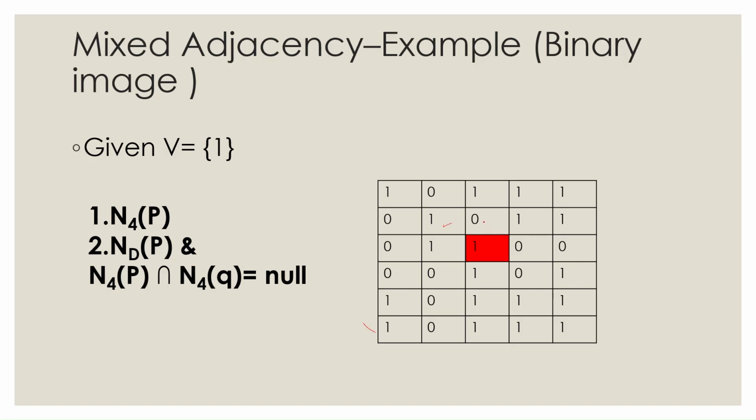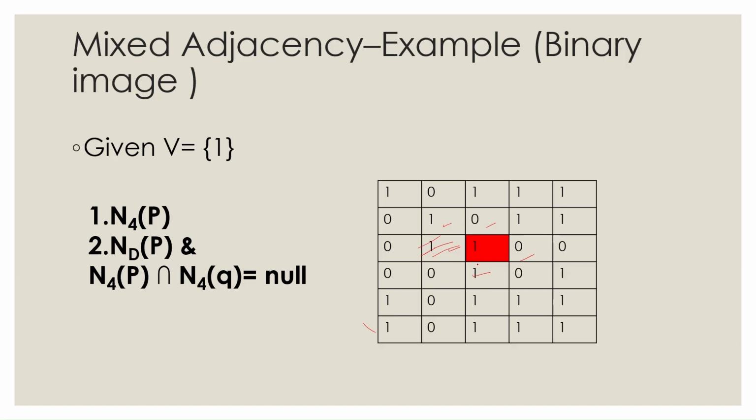This is 0, 0, 1 and 1. So let's take these 4. Now we have to check whether this 1 belongs to the set V. Yes, of course it belongs to set V, so we can consider this for adjacency.